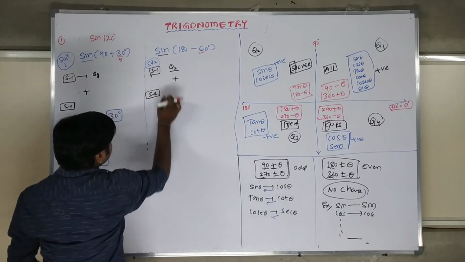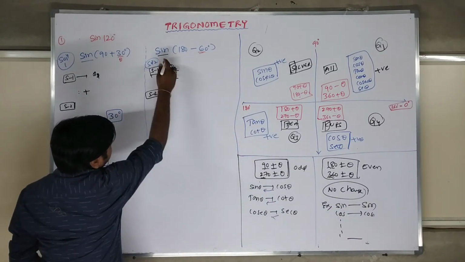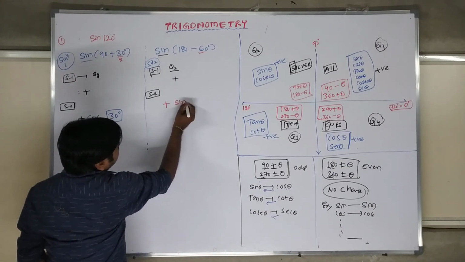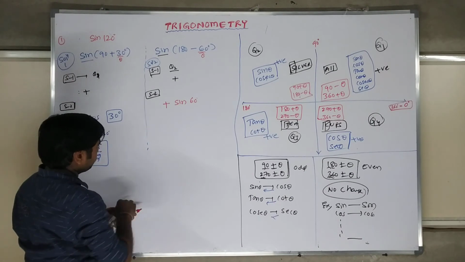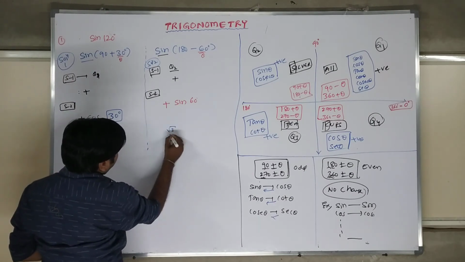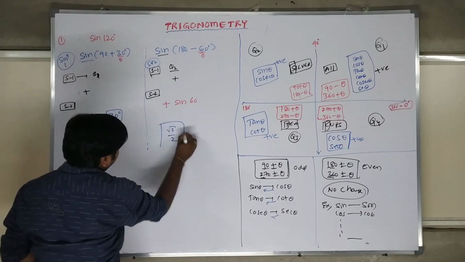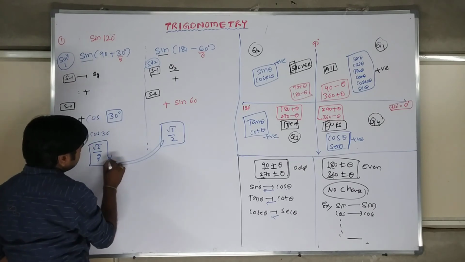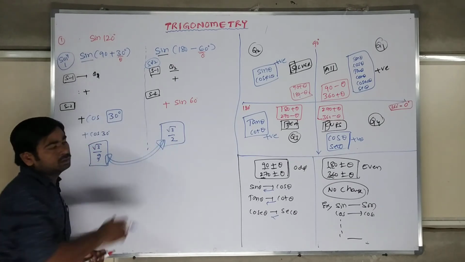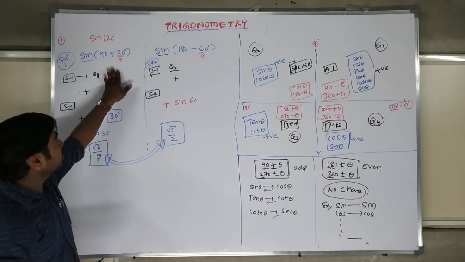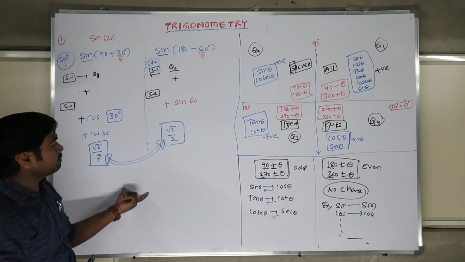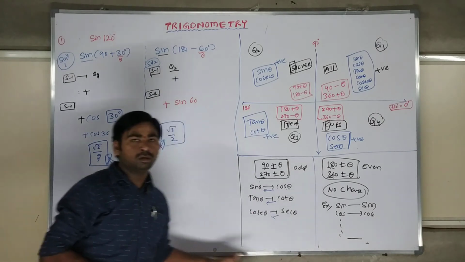Sin becomes sin only, and theta you can copy. Sin 60 will come, the same answer, root 3 by 2. So in both cases the answer is the same. If you write 90 plus theta or 180 minus theta, the answer will be the same. This concept you have to remember and apply.